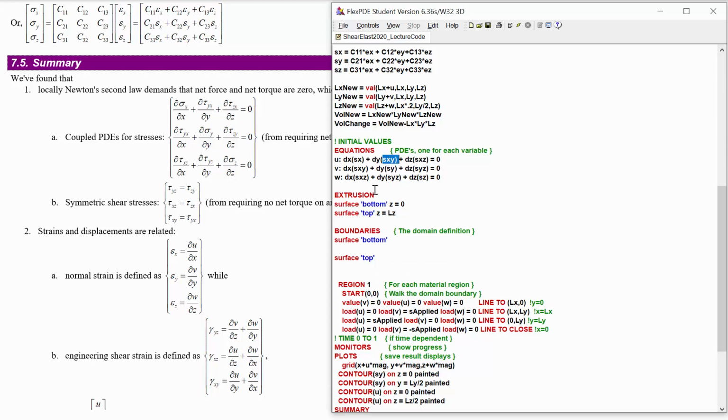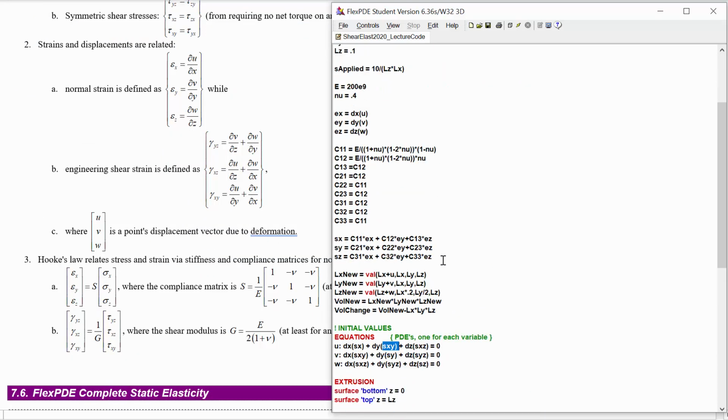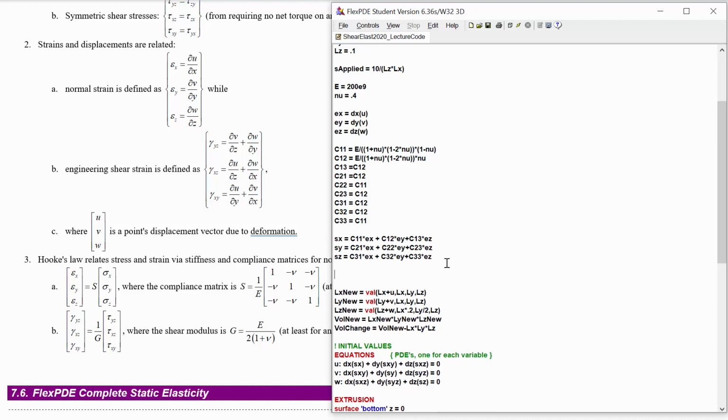So now we have to put in the definition of that, and we're going to get the definition from Hooke's law. Just like we defined the stresses in the axial directions via Hooke's law through the stiffness matrix components, we're going to define the stresses in the shear directions via the strains and the shear modulus.